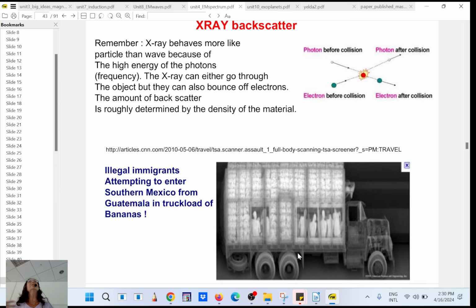Of course you can imagine there is a lot of controversy here, because is it ethical or not? People are not aware that X-rays are bouncing off of them. They used to do that when you went to China. I don't know if they still do it.